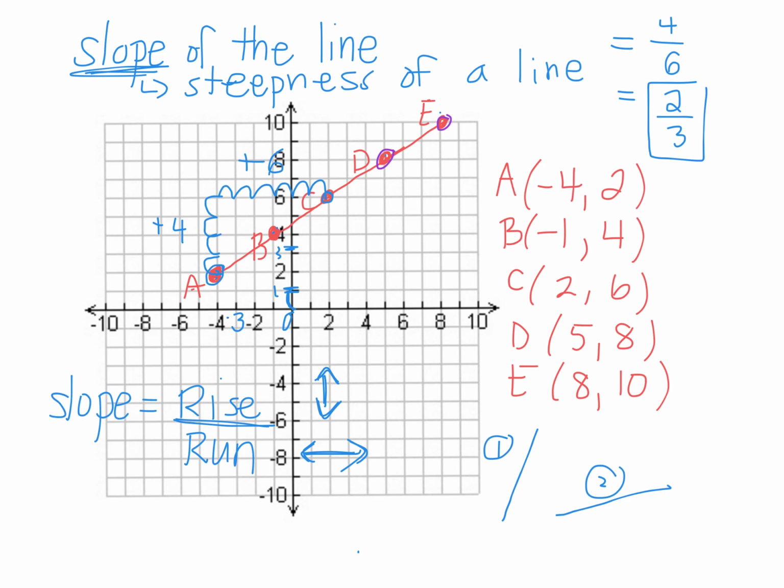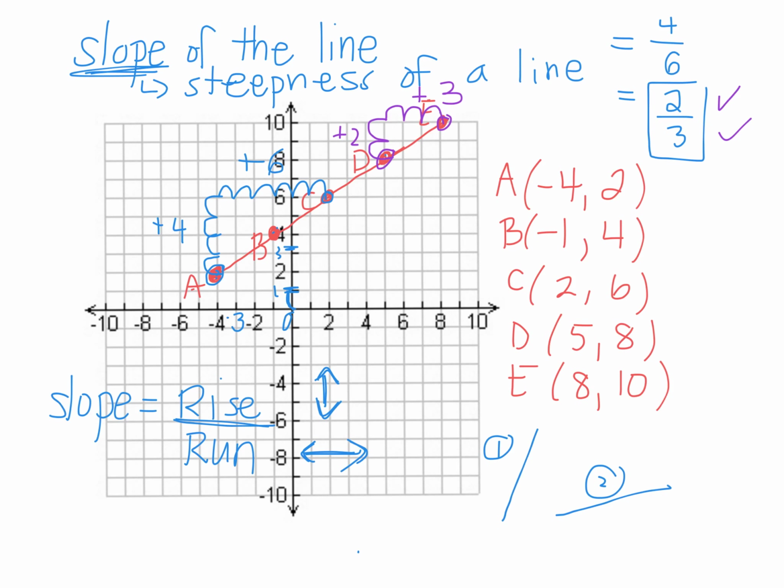How many squares does this line rise? 1, 2, and what's the run? 3. Again, 2 over 3. Any 2 points that I choose will have a slope of 2 over 3 because the line is straight. That's the slope of the line.